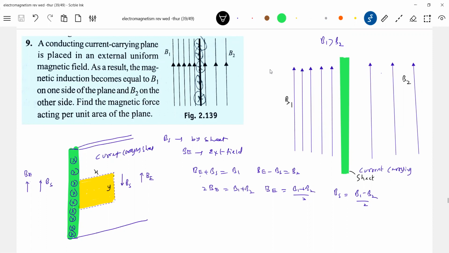So any formula for BS? If a current carrying sheet, anybody? Mu naught lambda by 2. Current per unit width, lambda. Lambda, I will assume something like J here. BS.